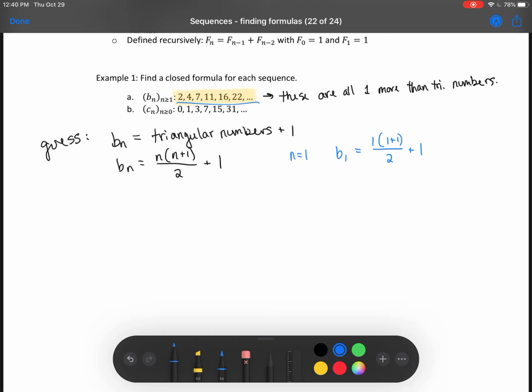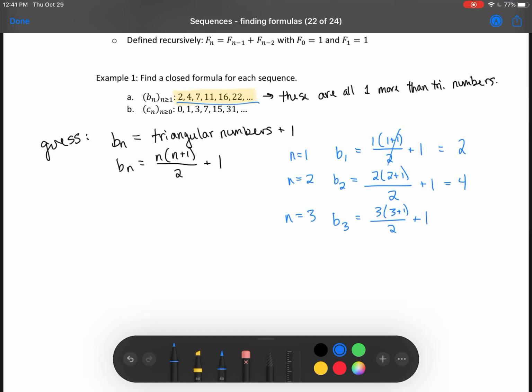All right, so when we do this, we get 1 times 2 over 2 plus 1 should be equal to 2, right, because these ones cancel out, and then we have 1 plus 1 is 2. All right, the next one, B sub 2, would be 2 times 3 over 2, which is 3, plus 1 is 4, and this 4 matches up with the second number in our sequence, so that's a good thing. We'll just check maybe 2 more just to verify that we're on the right track.